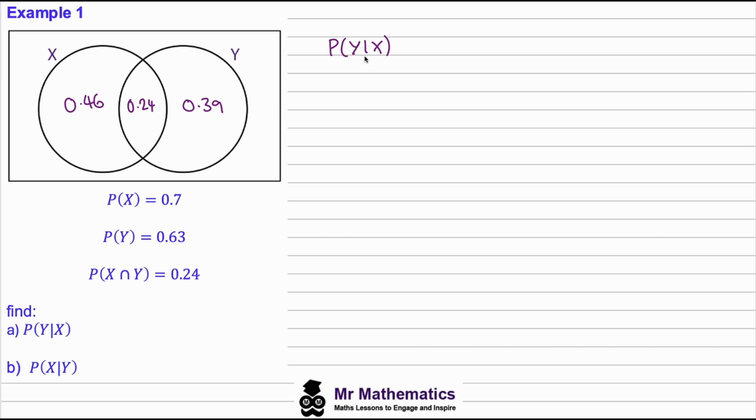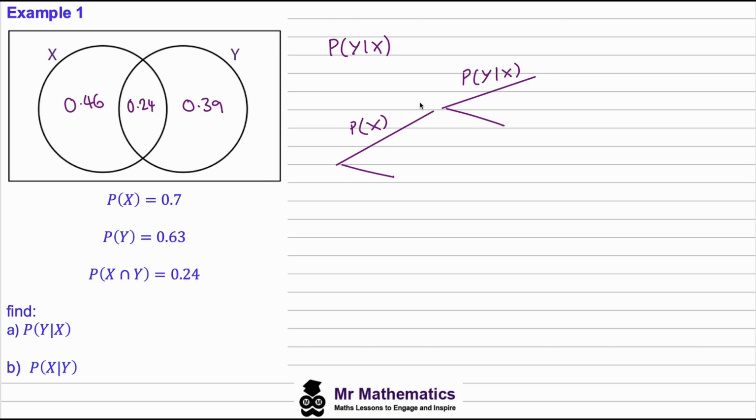I showed you in the previous video the equation that helps us to calculate this. I'll quickly show you again. If we use the tree diagram, we've got x, probability of x, and then we have y. But this must be y given that we had x first.